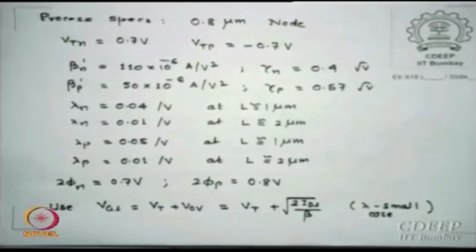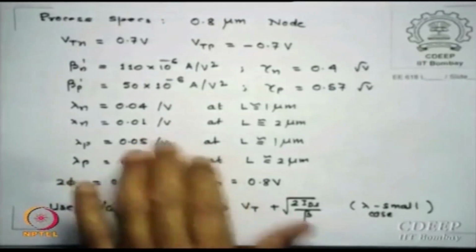Then again the SPICE file, if you see, they say lambda n is 0.014 and 0.01 as lambda increases from 1 to 2. Similarly lambda p goes from 0.05 to 0.01, length goes from 1 micron to 2 micron. So each SPICE file will specify you.